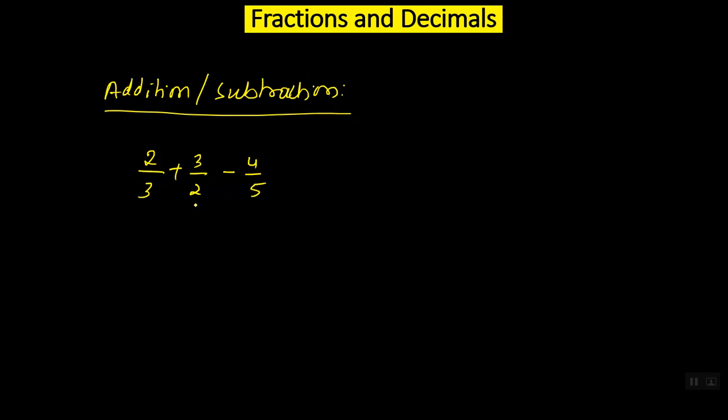All these numbers are prime numbers, so you just need to multiply them. That is what we call finding the least common multiple, LCM.